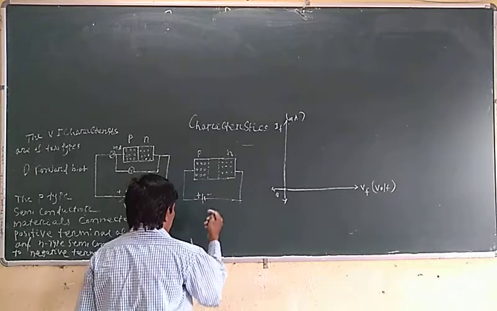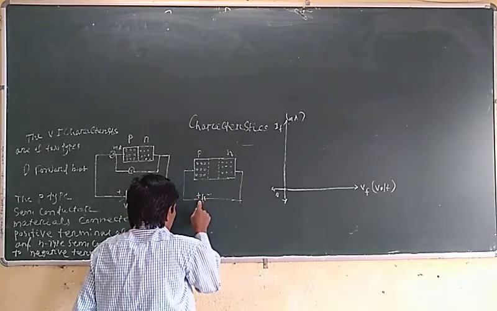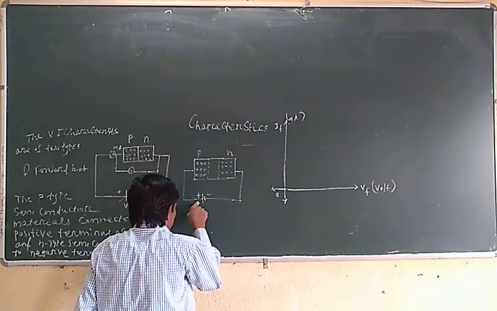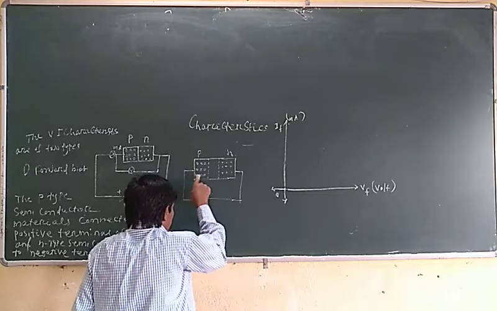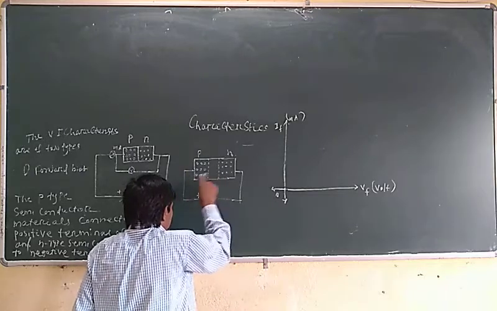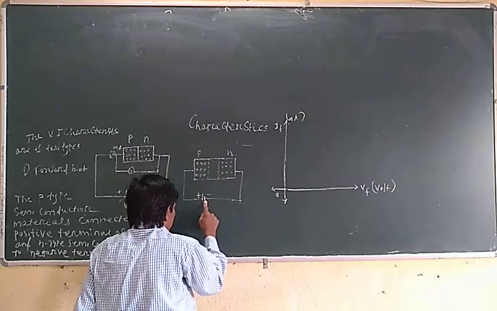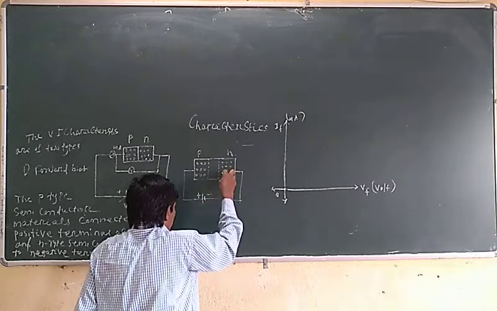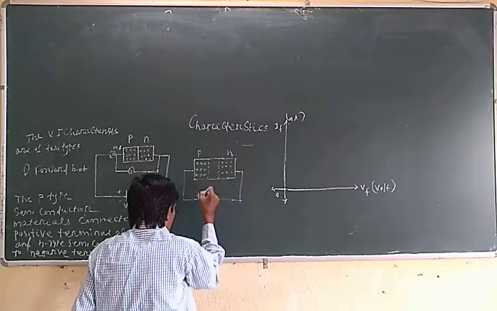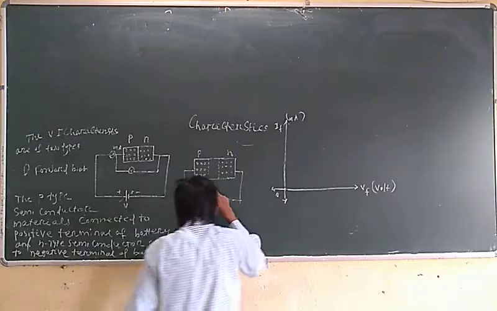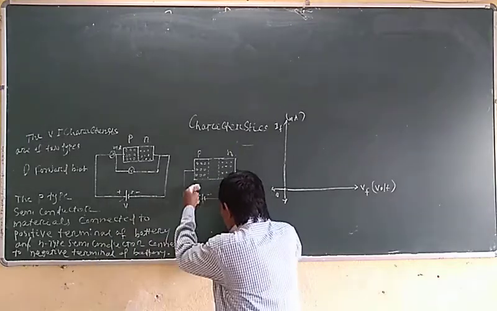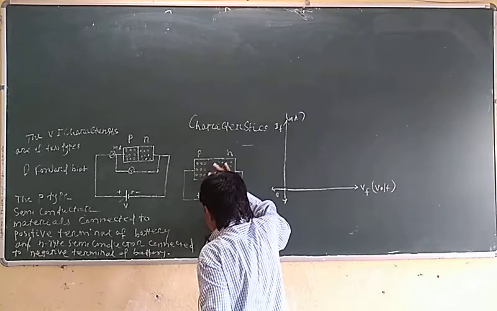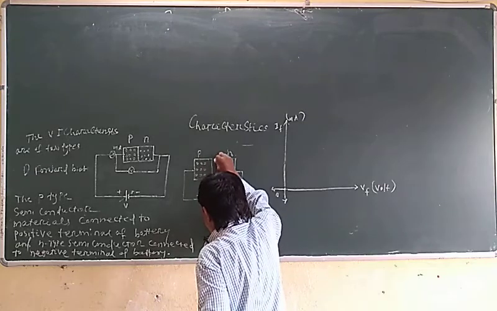After that, the positive charges are pressed towards the junction, and negative charges from the opposite side are pressed towards the junction. So as a result, the depletion layer will be reduced.